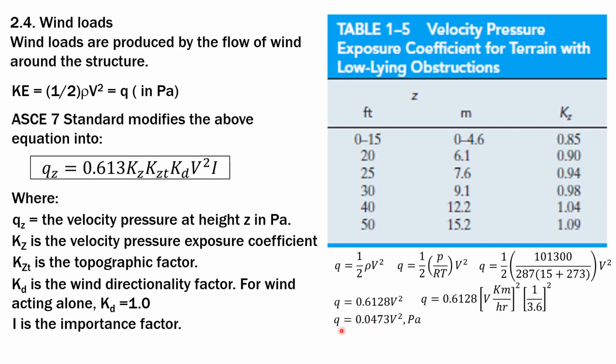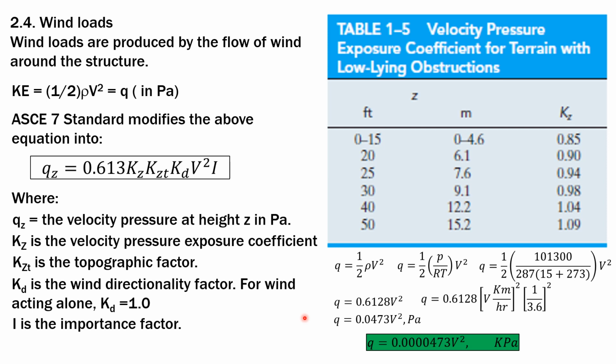If you want the pressure to be in kilopascals, then divide this by 1,000 further, so that the formula becomes 0.0000473 V squared. Let me see, 0.0473 divided by 1,000.